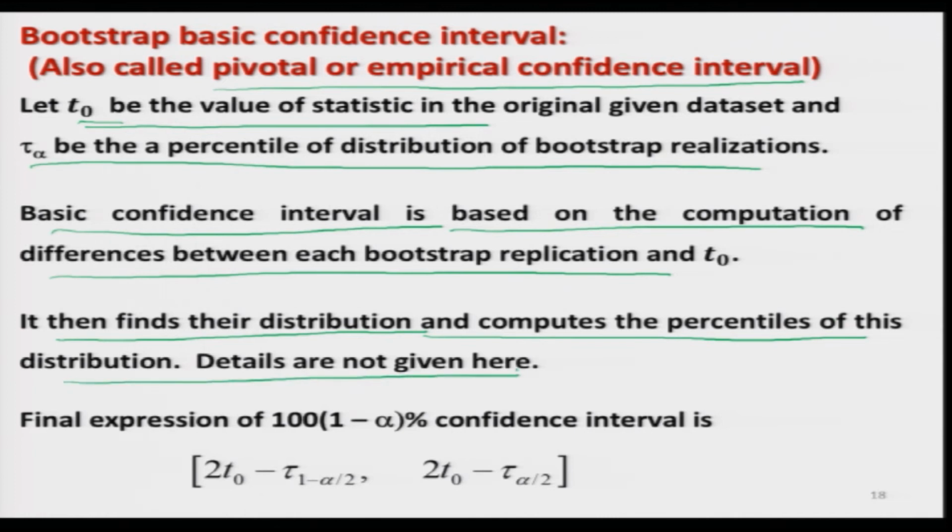Details we are not giving here. So we use this approach to find out the percentile, and then we construct the 1 minus alpha % confidence interval using this expression. After doing algebra, you will obtain this expression: twice T0 minus tau 1 minus alpha by 2, twice T0 minus tau alpha by 2.